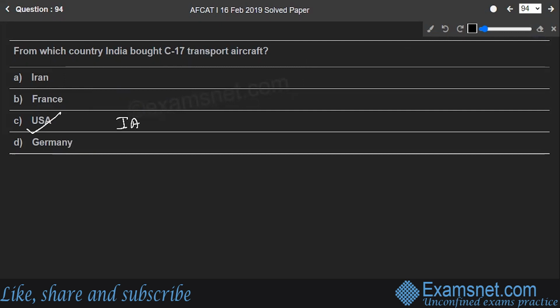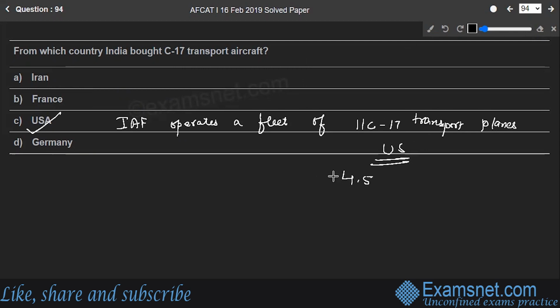The IAF operates a fleet of 11 C-17 transport planes bought from the United States in a government-to-government deal worth around $4.4 billion. So option C is the correct answer to this question.